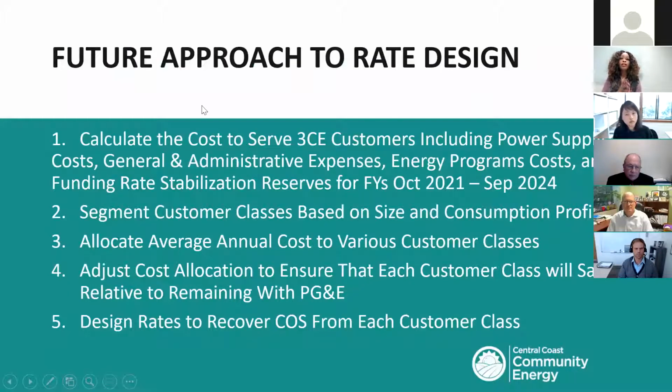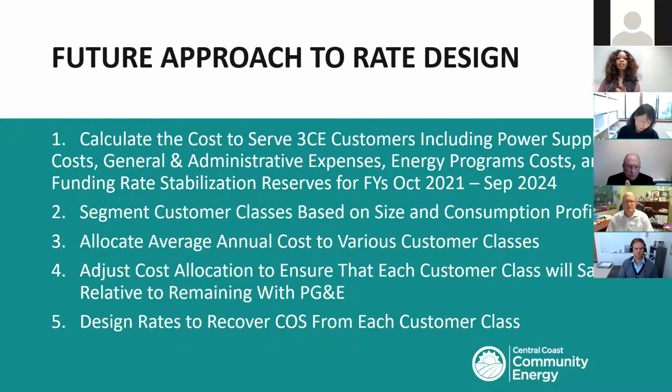So looking at that previous design, our future design is designed to address some of those cons that we talked about earlier. So we're looking to calculate the cost to actually serve customers, including power supply costs, general administrative expenses, of course, the energy programs that we provide, and funding the rate stabilization reserves for the fiscal years October 2021 through September 2024.